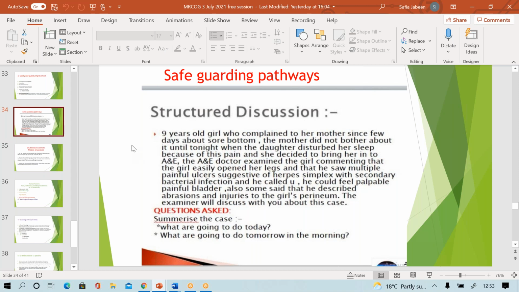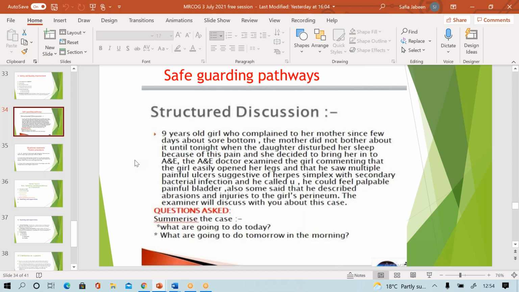Sorry, Doctor, I have a question. If a patient comes in the night, first we will call our consultant, and we will take just a swab for these vesicles or ulcers, and we will inform the safeguarding lead person in the night.